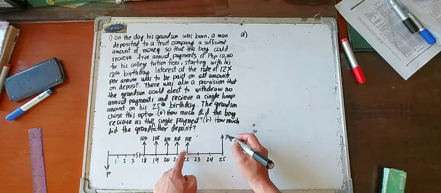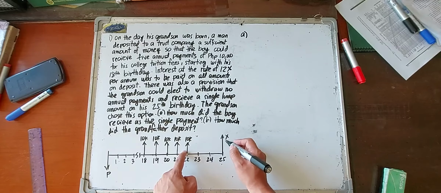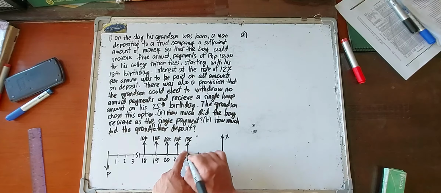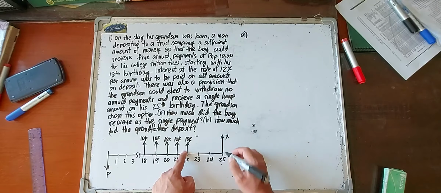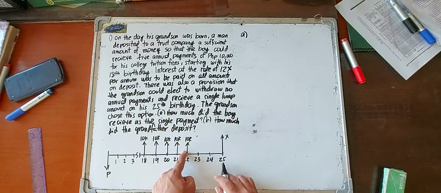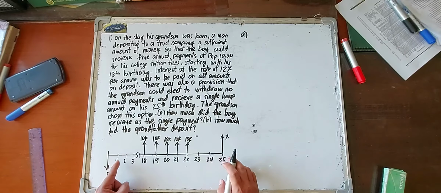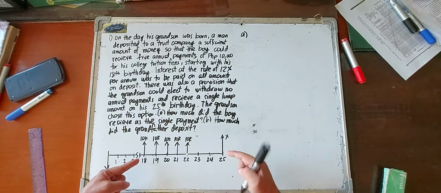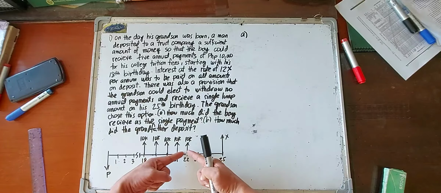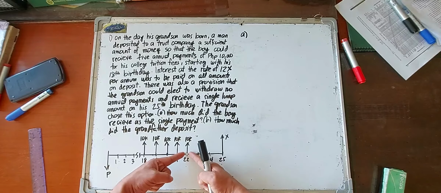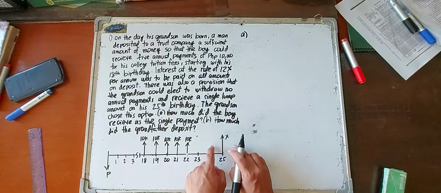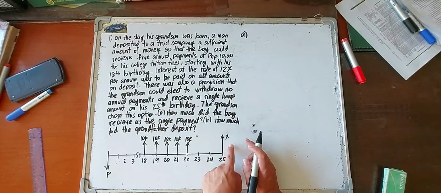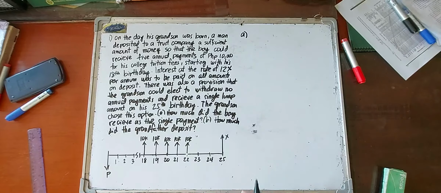So i-transfer natin yung value ng x. What would be the value of x on the 22nd year? Remember, x is located on the 25th year in our cash flow diagram. So transfer hanggang dun sa may 22nd year. Okay, so how do you solve for the value of x punta dun sa 22nd year?